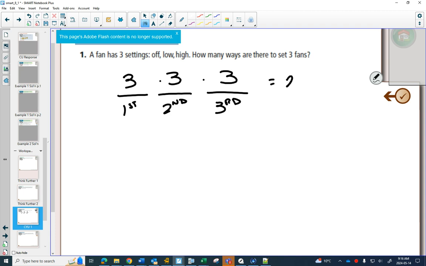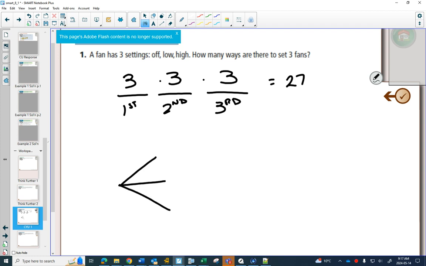This ends up making 27 possibilities. So he could almost go a whole month with a different wind ambiance in his room before he'd have to go back to one from the other day. 27 different options.